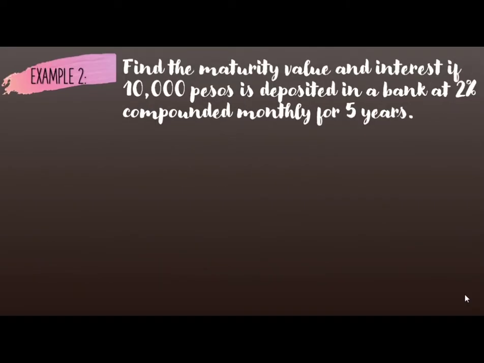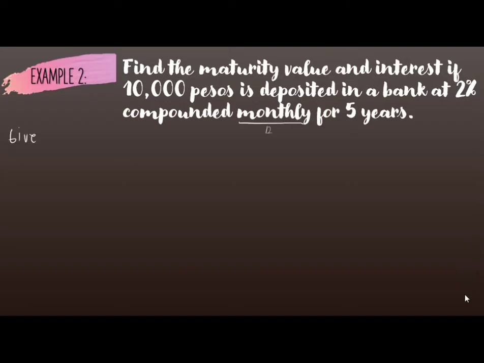Okay, so next example, find the maturity value and interest if 10,000 pesos is deposited in a bank at 2% compounded monthly for 5 years. So, compounded monthly, ibig sabihin, 12 times siya nadadagdagan ng interest. Okay, so ano-ano ba yung mga given?